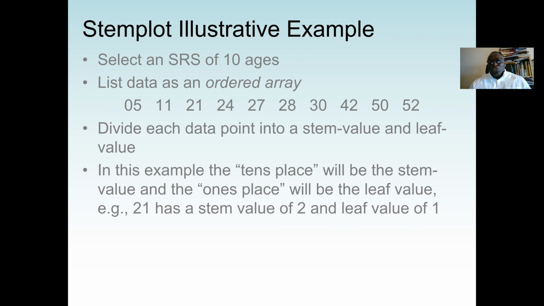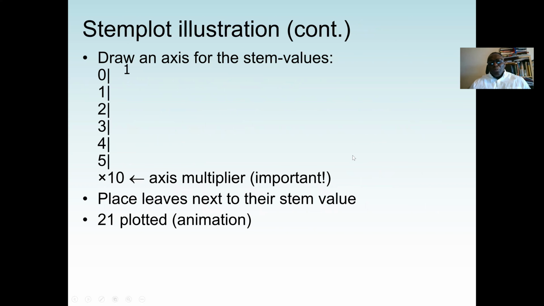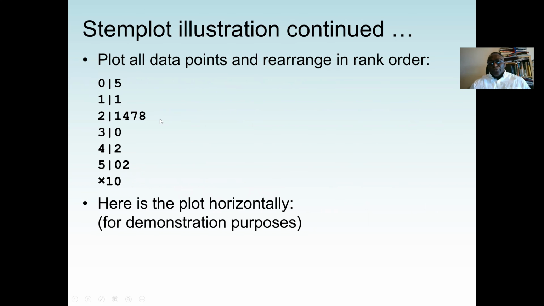In the 1 stem, we put only 1. In the 2 stem, which is the 20s, we have 1, 4, 7, 8. Then in 3, we have 0. In 4, we have 2. In 5, we have 0 and 2. So that should be our final solution.